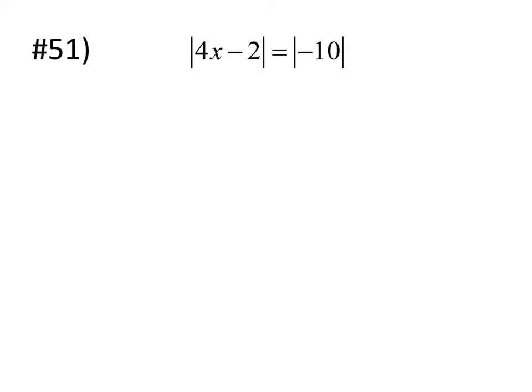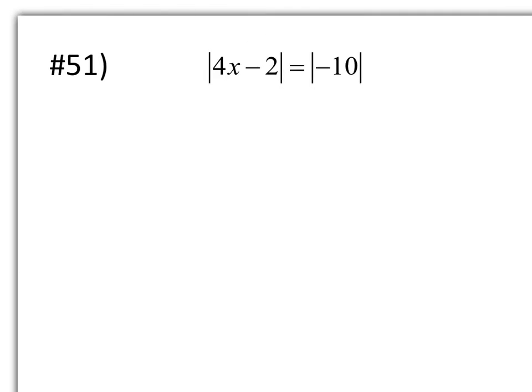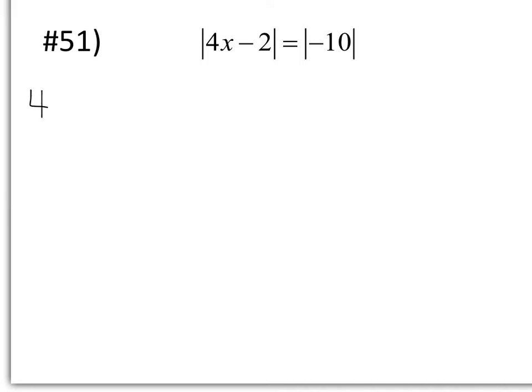Here we go. If you have absolute values on both sides, you just have to do the same thing we did before. So you do 4x minus 2 is equal to the absolute value of negative 10, which is positive 10.